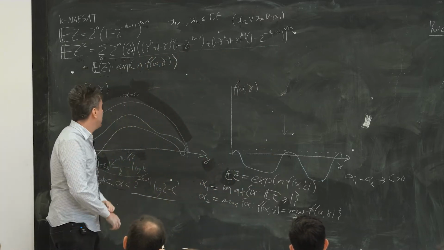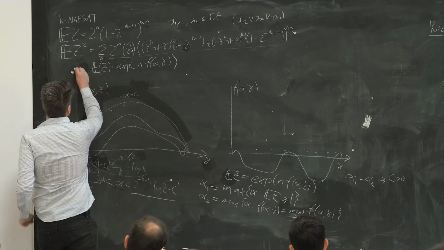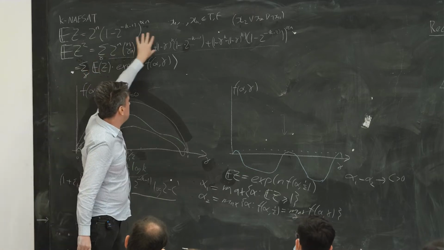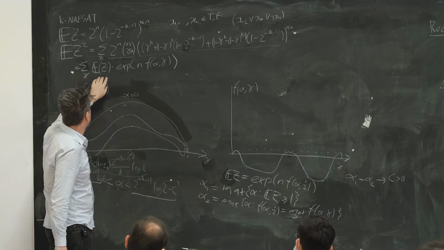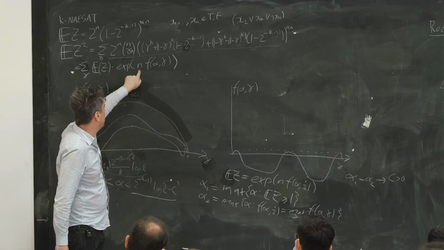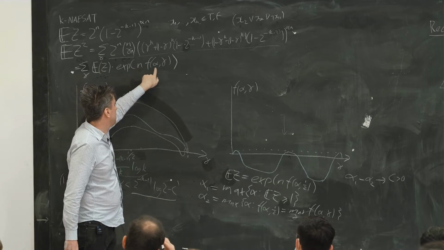And then I just want to think of each of these terms in this expression as the expected value of z times e to the n times f of alpha, gamma.